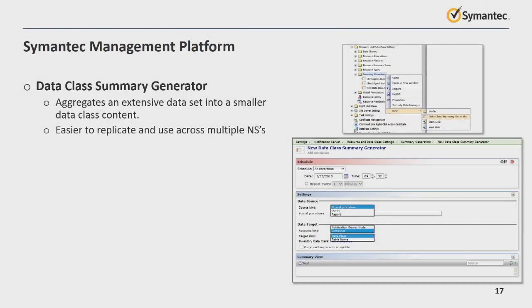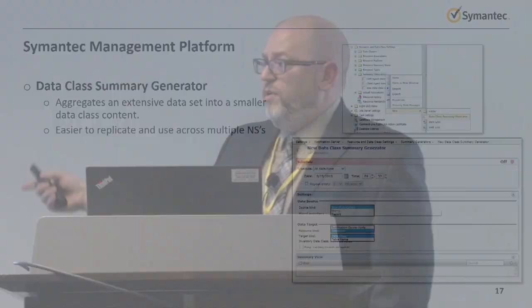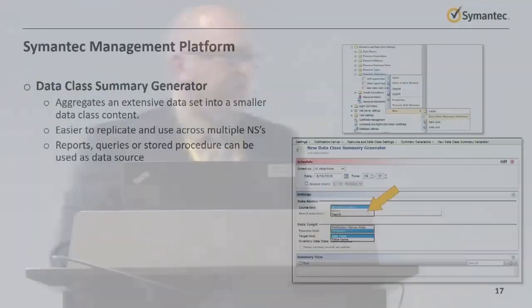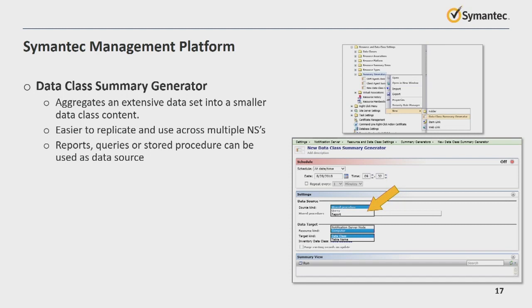So it could be, let's say, my computer platform summary. It gives you all the different vendors, and it'll create one of these. And this summary can not only be used for replicating data between different notification servers, which is the primary function, but it can also be used for things like reports. So you can use the query that came out of it, or the summary, as a report.